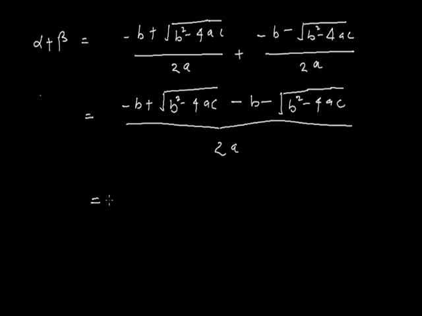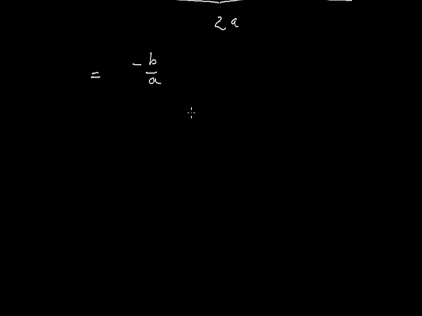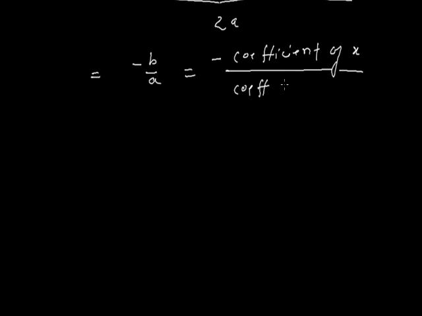Here we see that the value of alpha plus beta is −b upon 2a, which is equal to minus the coefficient of x upon the coefficient of x².